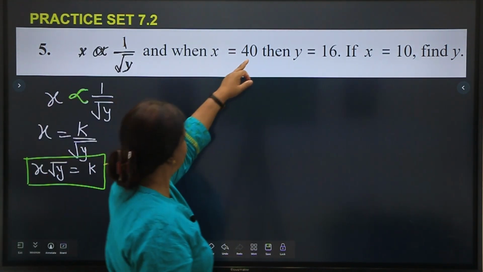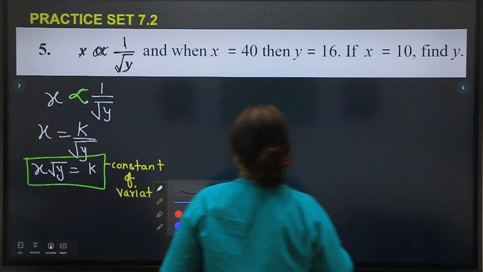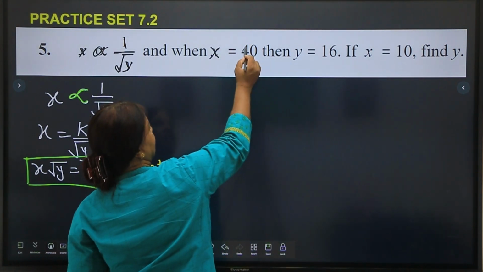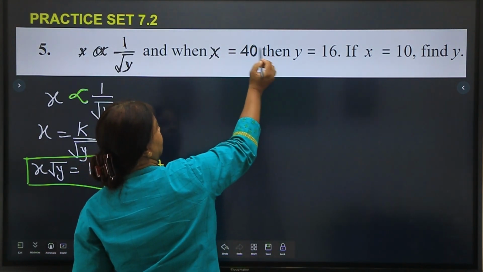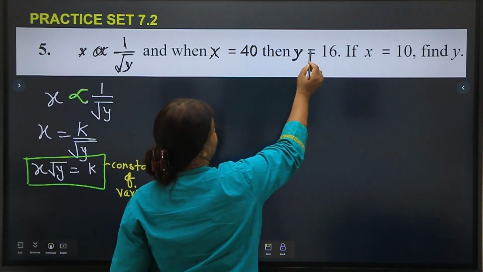When x is equal to 40, x value is given as 40, then y is equal to 16.